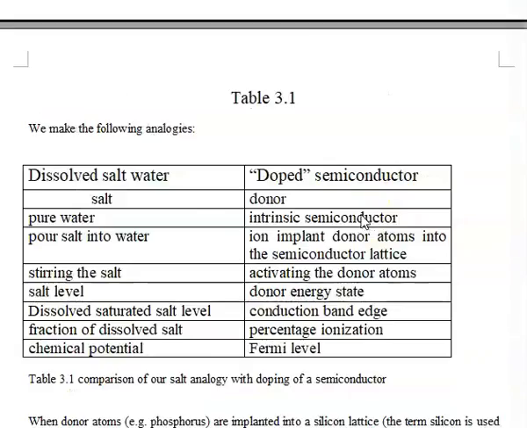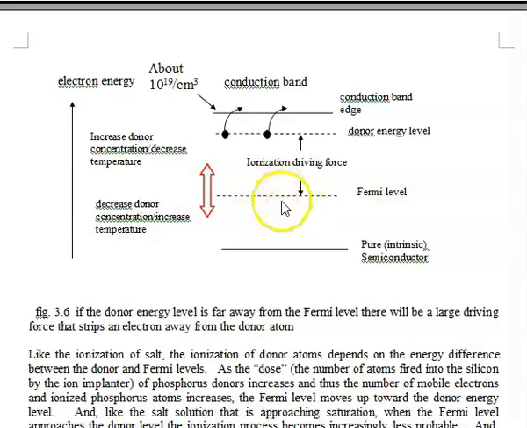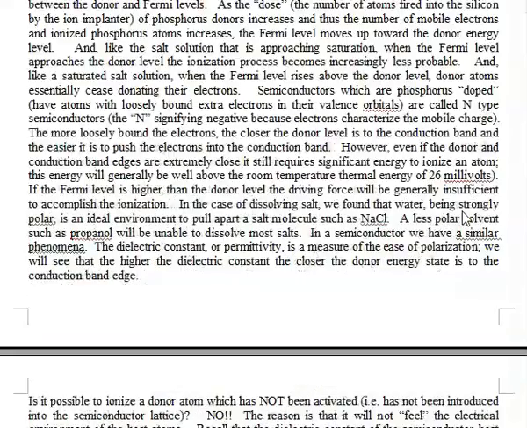And in N-type, where is it? Must be here. Oh, here it is. N-type, the Fermi level is above the intrinsic level, the pure silicon level, and the Fermi level rises as we implant more and more phosphorus into the silicon lattice.